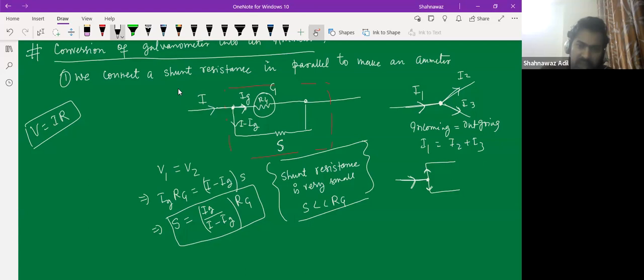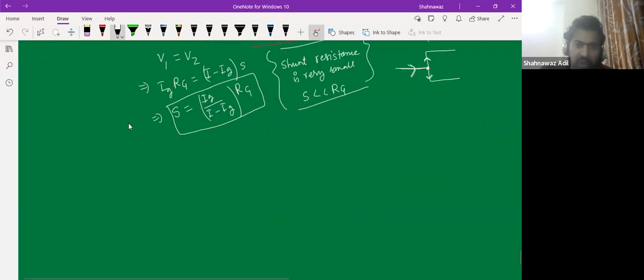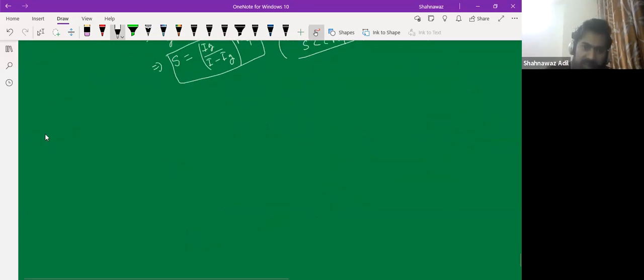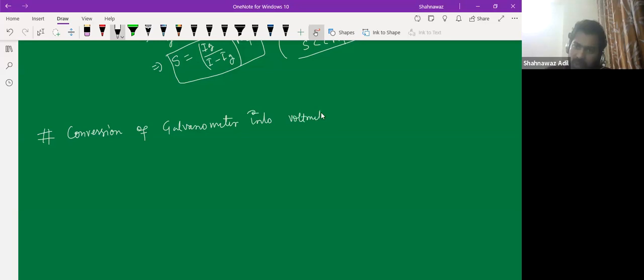And then how do you make a voltmeter? The next step is the conversion of the galvanometer. How do we do that?